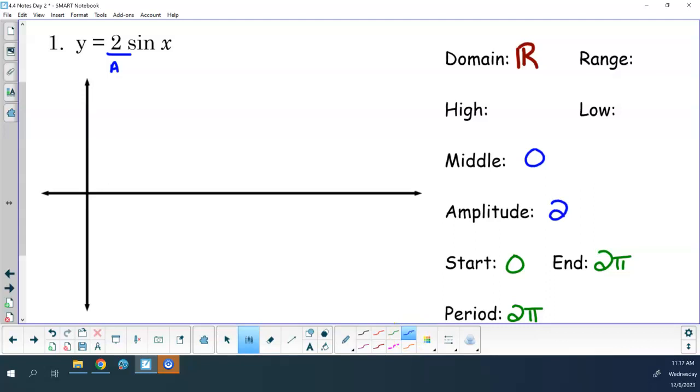Which means the distance from my middle to my top would be 2. So that means my high is going to be at positive 2. 2 is also my distance from my middle to my low. So that means that's going to be negative 2. Which means the range of my function is going to be from negative 2 to positive 2.